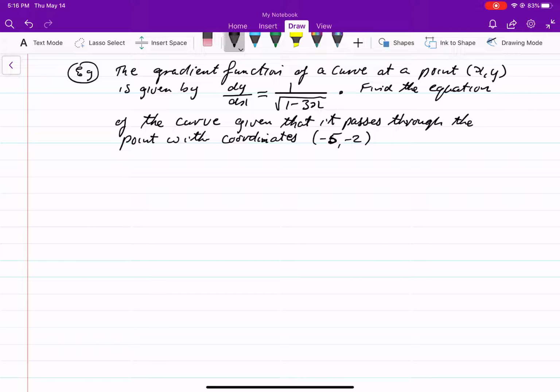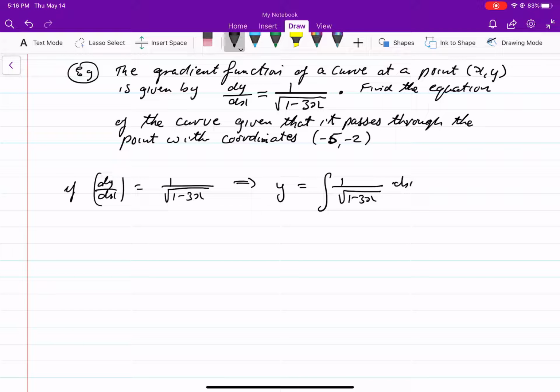Well, we're going to start by saying if dy dx is equal to 1 upon the root of 1 minus 3x, that implies that to get y, you need to integrate that dy dx function, the integral of 1 upon the root of 1 minus 3x dx. Okay, can we integrate that function?